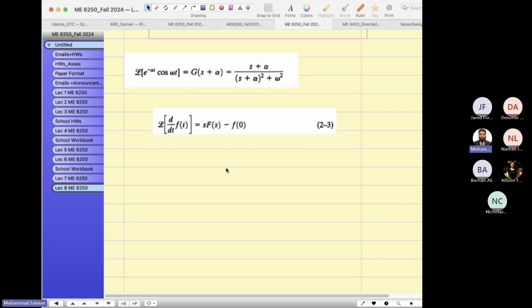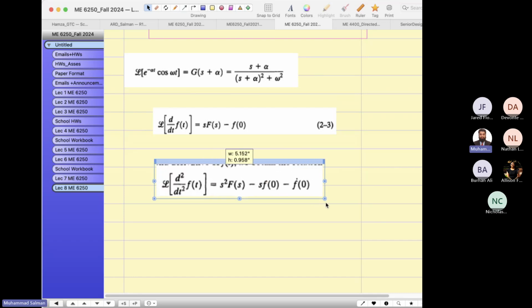Please note down this formula for finding the Laplace transform of the time derivative of first order. And for the second derivative of the function, you get this answer.